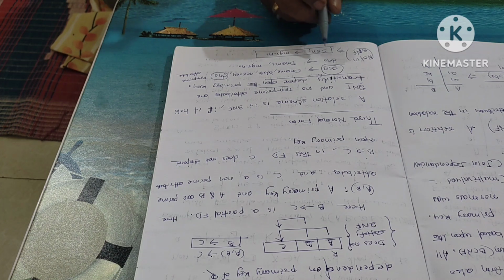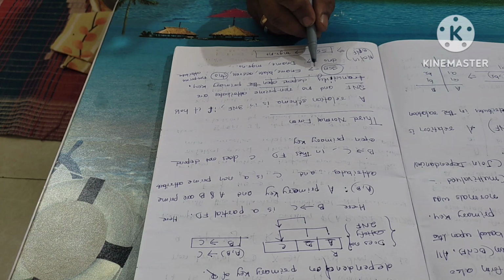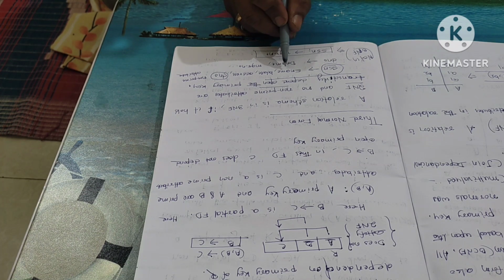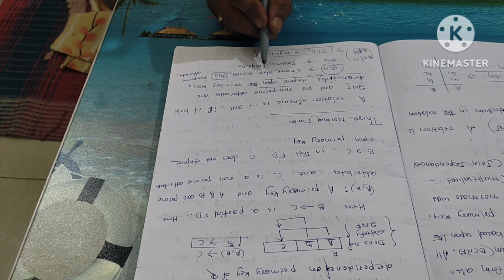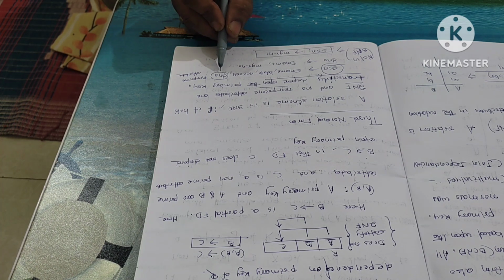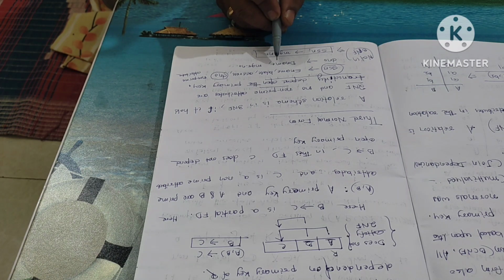Let me take one example here. SSN, the employee number, functionally determines employee name, birth date of the employee, address, and department number.